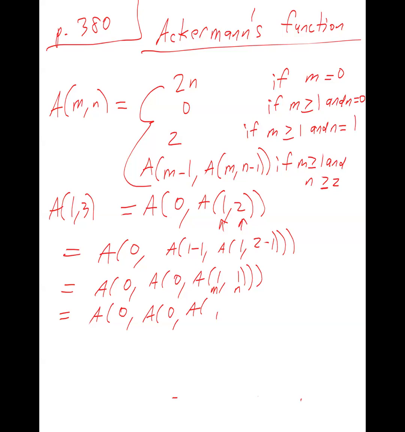Is 1 equal to 1? Yes. So since M is bigger than or equal to 1, and since N equals 1, which of those cases applies? Third one. So A of 1, 1, I didn't even need to write that down. A of 1, 1 applies to the third value, right? What's the third value equal to? 2. So A of 1, 1 is equal to the third value, which is 2. So we did that. Perfect. So we reduced A of 1, 1 to 2.